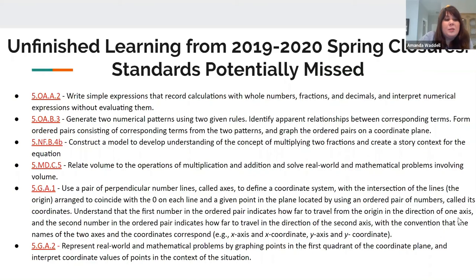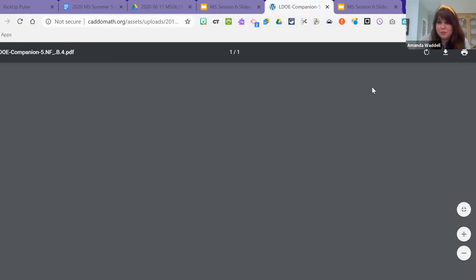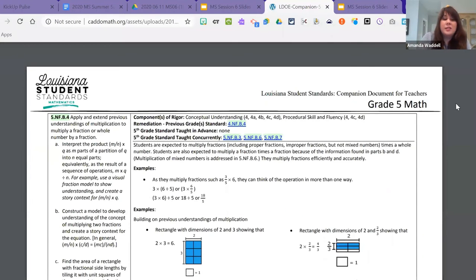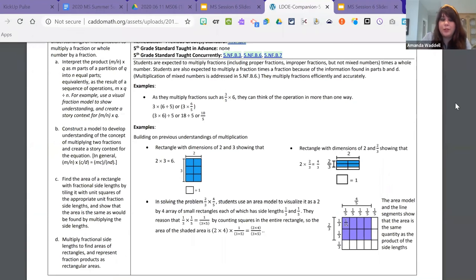Ms. Pouncey, if you want to click one of these, the ones that are in red are actually linked to the companion document for 5th grade. So if you can't get a good visual of what a standard looks like just from reading it, because sometimes these standards are really wordy, then there is the companion document attached to that. It'll give you the standard, it'll give you an example, it'll show you what that standard looks like in a functional context.